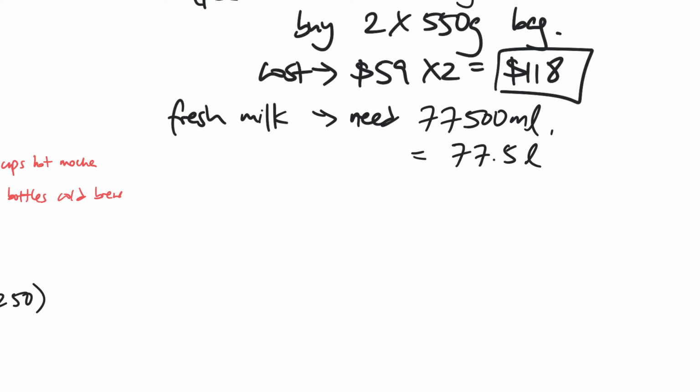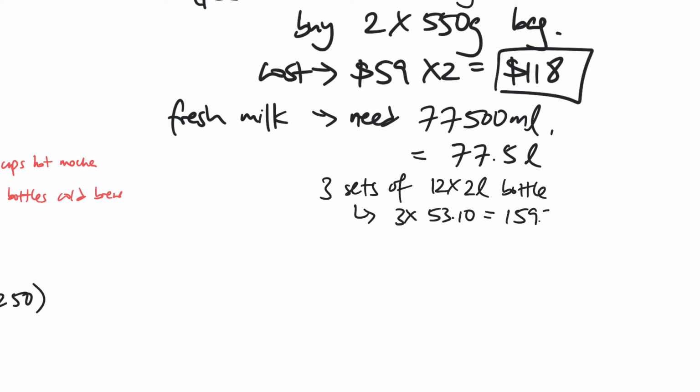So what we're going to do is buy 3 sets of the 12 times 2 liter bottles, which is going to cost me this much. And then after that, 3 sets of the 1 times 2 liter bottle, which will cost me this much.